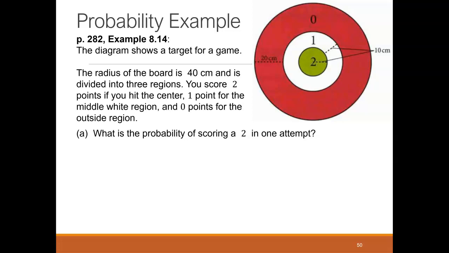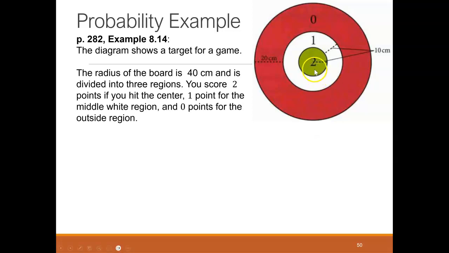Excellent. So what's the area for the green circle then? Pi times 10 squared, or 100 pi, or about 314. Everybody's okay there? How do we get the area for the red circle?